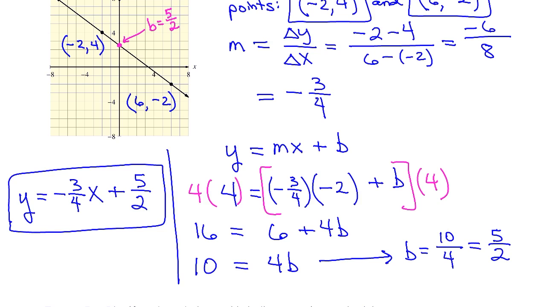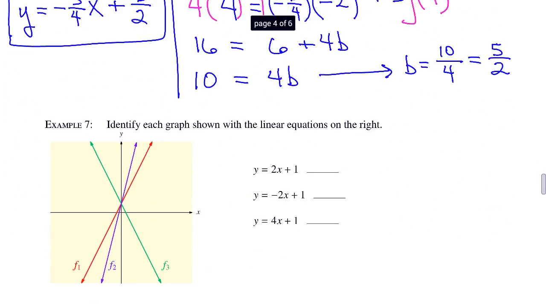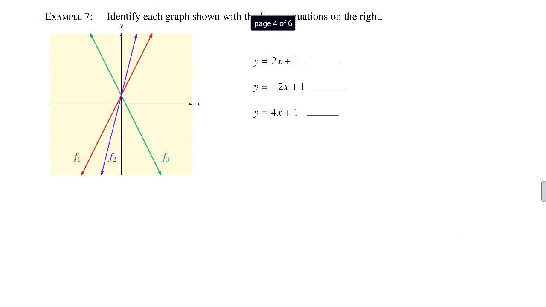Let's look at example 7. Example 7 says, identify each graph shown with the linear equation on the right. So we have three equations, y equals 2x plus 1, y equals negative 2x plus 1, and y equals 4x plus 1.